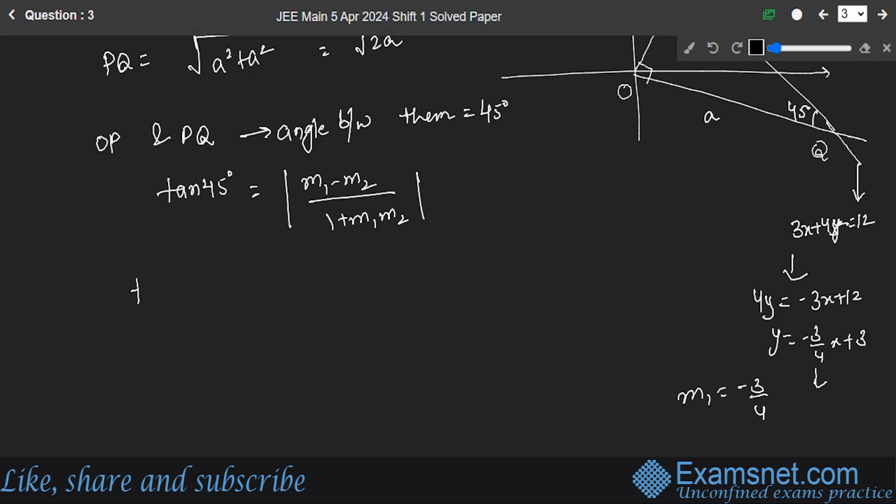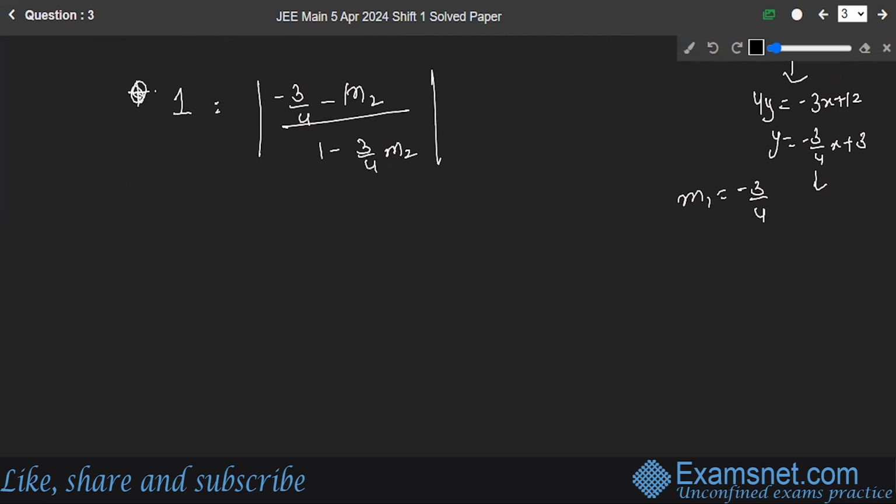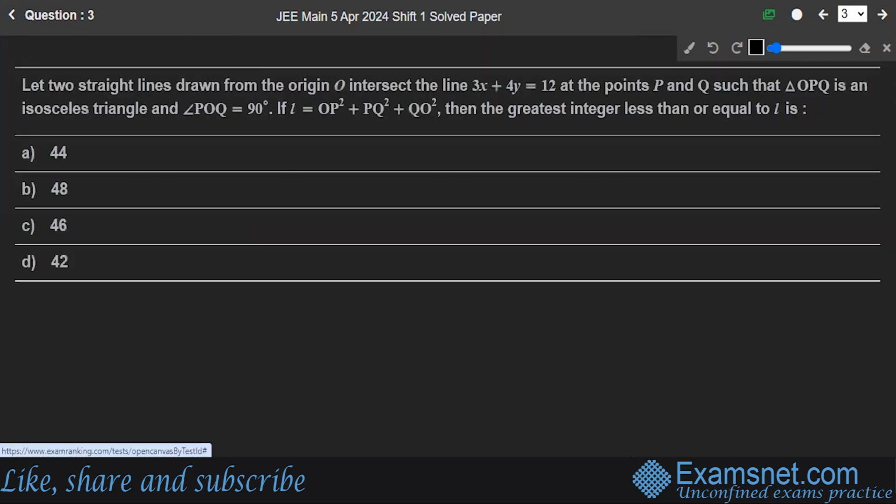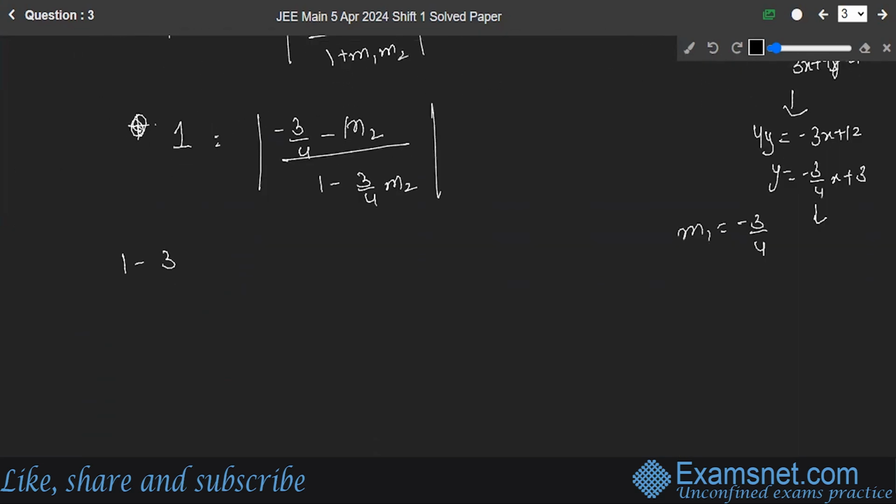Or let's say this will be tangent of 45 degrees, which is equal to 1. So this is minus 3 by 4 minus m2 divided by 1 minus 3 by 4 m2. Or you will have here 1 minus 3 by 4 m2 is equal to, like this is the modulus, so I will write it as m2 plus 3 by 4.